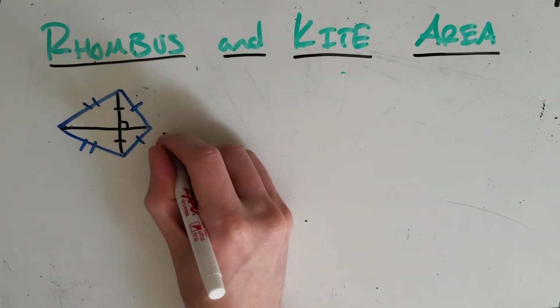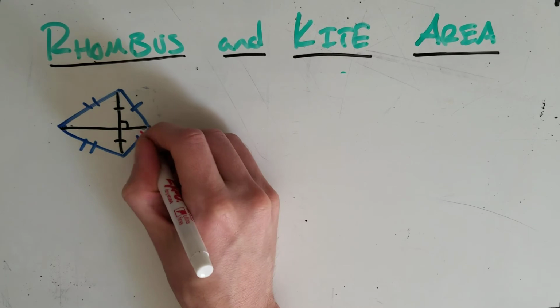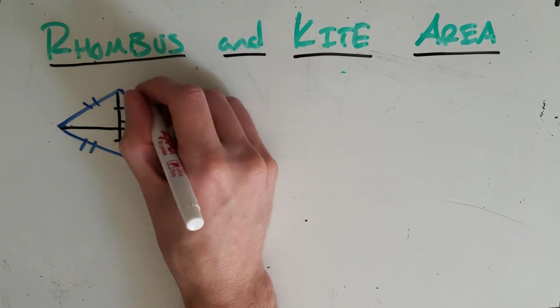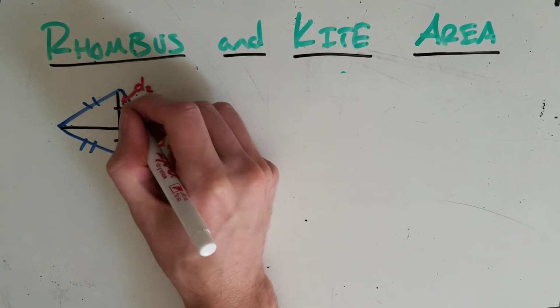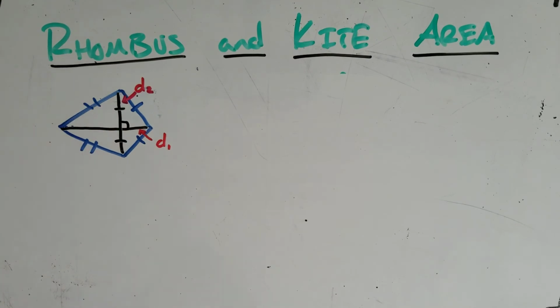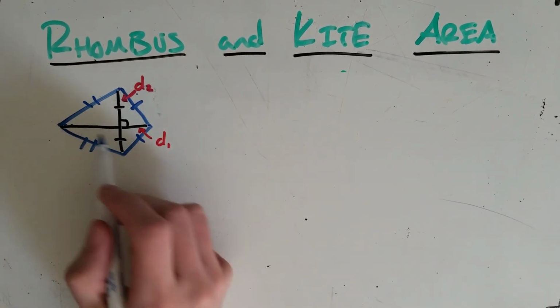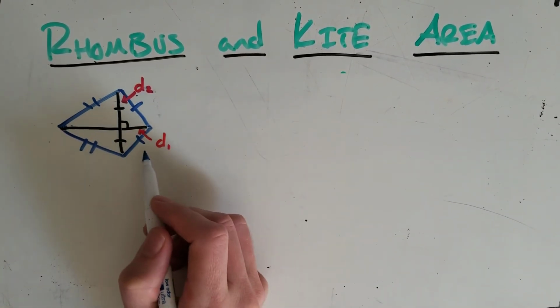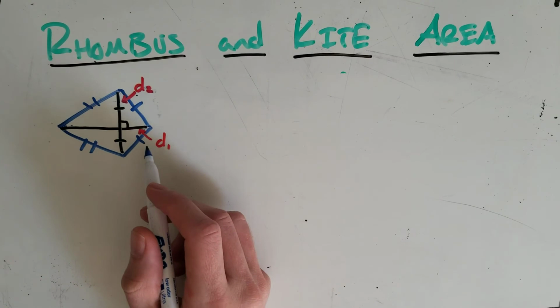But we'll still label, we'll call this diagonal 1, this long one, and the diagonal that was bisected, we'll call that diagonal 2, that whole length. And we can do a similar type of thing here. If we want to find the area of the kite, we can break it into two triangles, and both those triangles are going to have the same base and height.